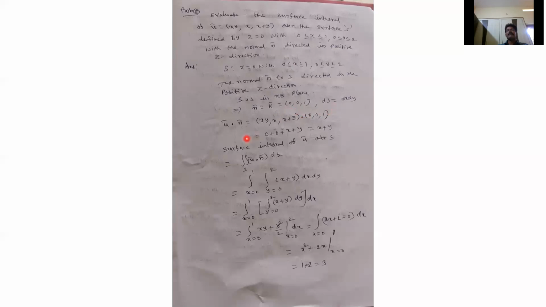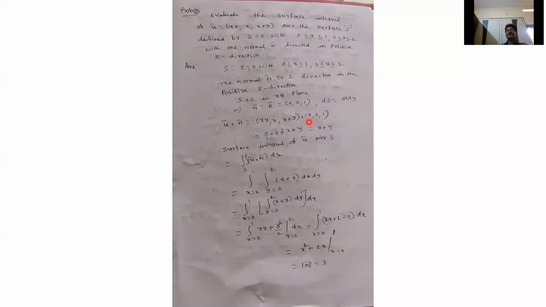So u dot n. Here u is xy i bar plus x j bar plus (x plus y) k bar, and similarly (0, 0, 1) means 0 i plus 0 j plus 1 k. So (xy, x, x plus y) dot (0, 0, 1). This is like a1 a2 plus b1 b2 plus c1 c2.